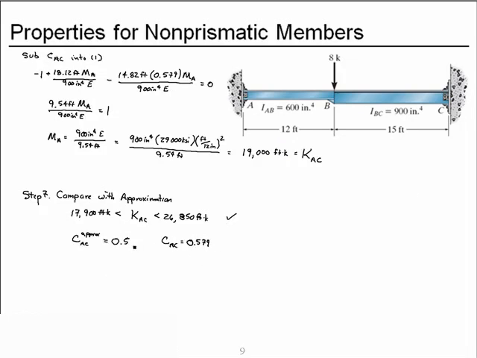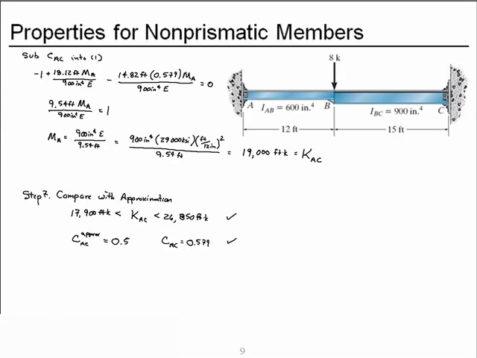It's certainly not order of magnitude different, and our carryover factor is between 0 and 1. So that one checks. So we can reasonably conclude that we have calculated the bending stiffness and carryover factor for this beam with the two different moments of inertia.